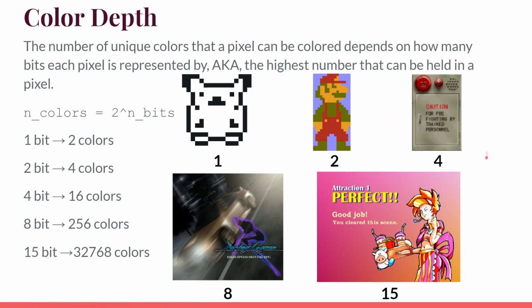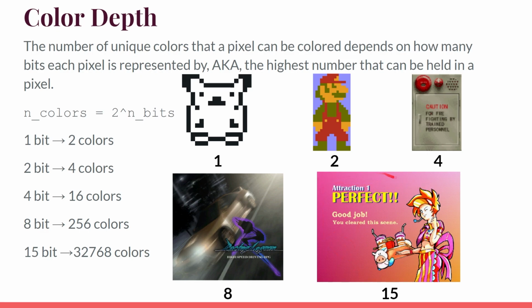As we increase the color depth, you can see that the images can be much more detailed. We can have a much richer palette of colors. And when we get to 15-bit, it's hard to tell that it's even a limited color palette at all. The 8-bit image is very rich, but you can still see artifacts like color banding in the gradients. With the 15-bit image, it's hard to really make out the fine artifacting.